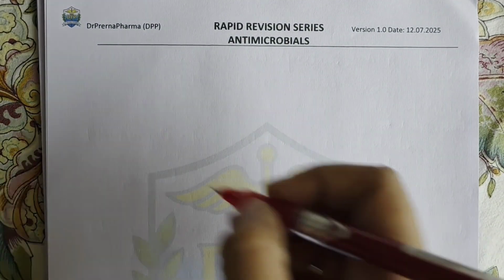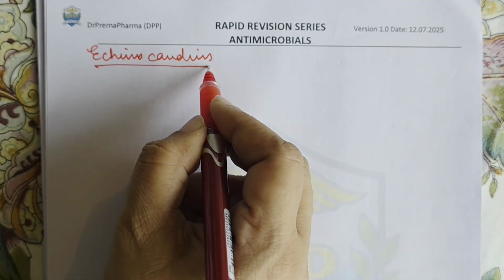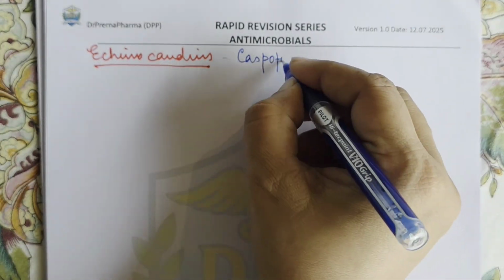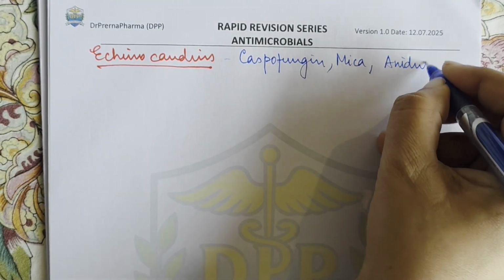The next category that we have is echinocandins. In echinocandins we have the drugs caspofungin, micafungin, and anidulafungin.